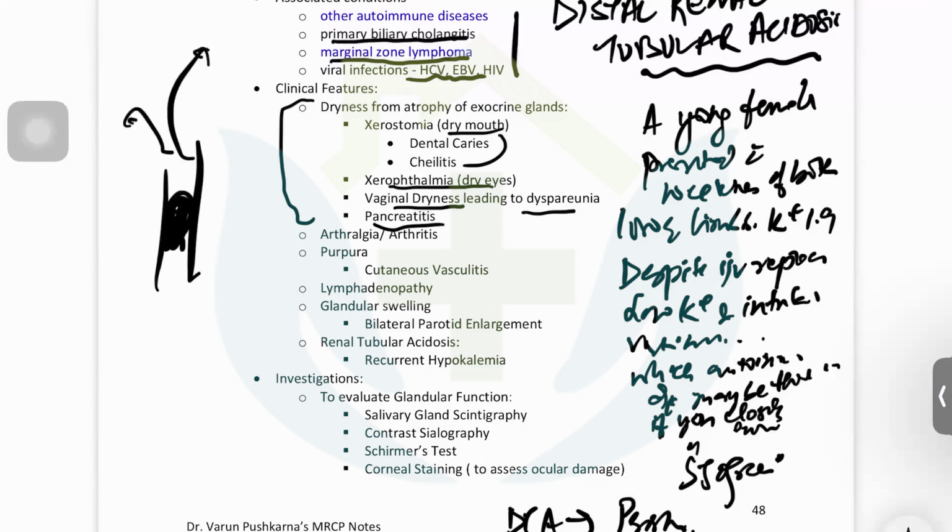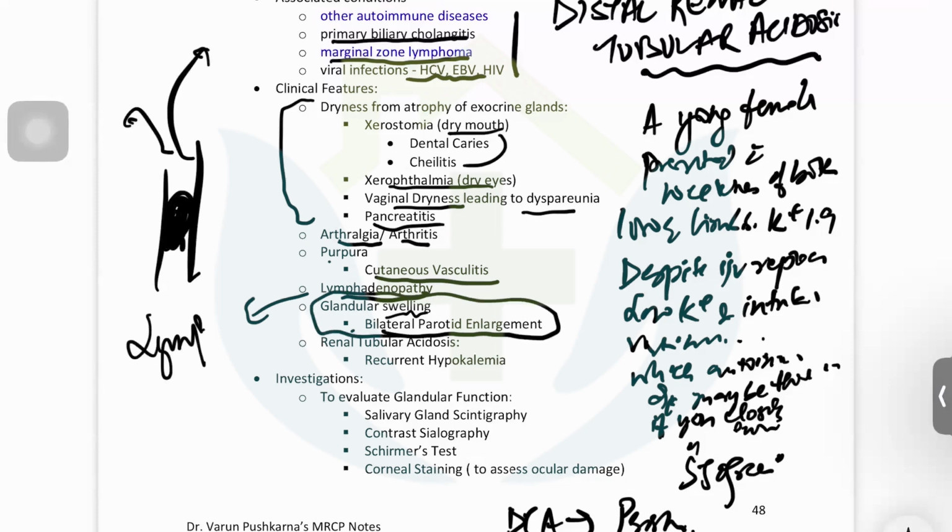Also, there are arthralgia and secondary arthritis, purpura due to cutaneous vasculitis, lymphadenopathy because of a possibility of lymphoma, glandular swelling, bilateral parotid enlargement, renal tubular acidosis leading to recurrent hypokalemia.